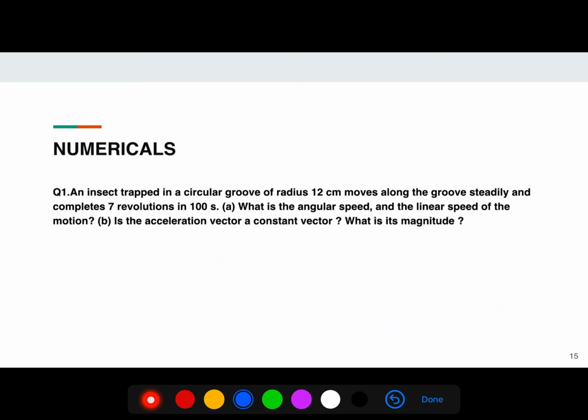Now some numericals. An insect trapped in a circular groove of radius 12 centimeter moves along the groove steadily and completes 7 revolutions in 100 seconds. What is the angular speed? To find the angular speed, we will use 2 pi by T. So 2 into 3.14, and time period 100 by 7.